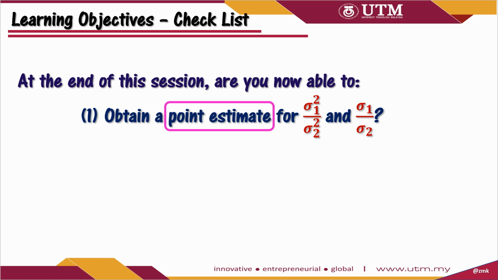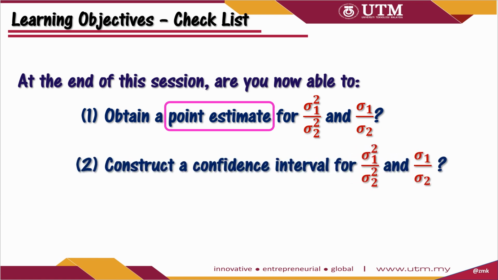What about the second learning objective? Are you now able to construct a confidence interval for sigma 1 squared over sigma 2 squared and for sigma 1 over sigma 2? Remember, we only have one case in constructing the confidence interval in this topic, where we only need to use F-scores in the confidence interval formula.